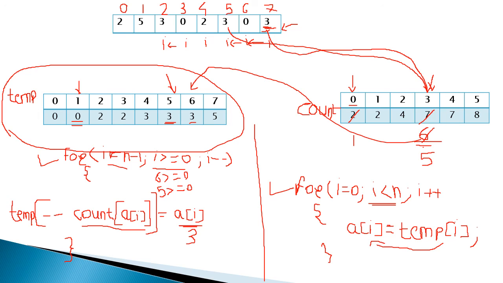That's why we can say we require a total of 3n plus k. 3n plus k means the time complexity is order of n plus k. K is our range, and n is our total numbers. Okay, this is our time complexity for the count sort.